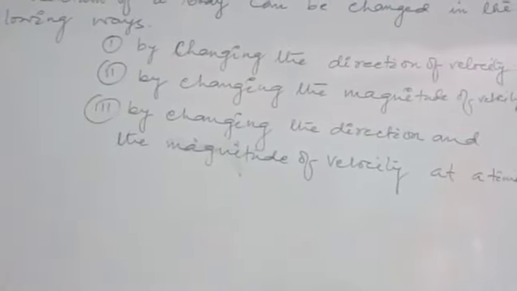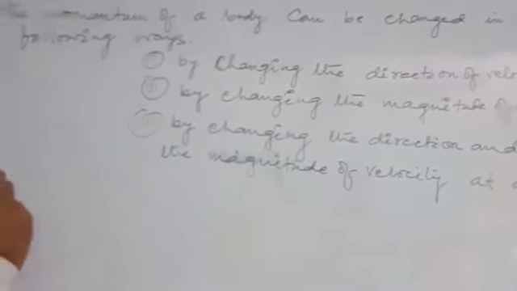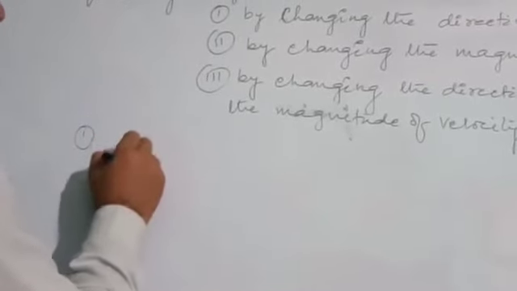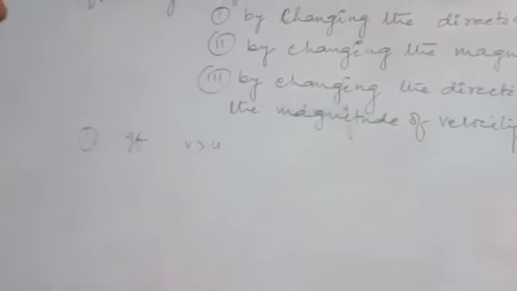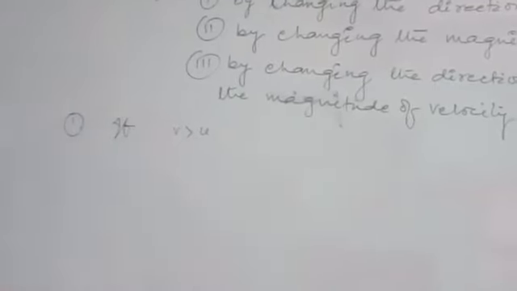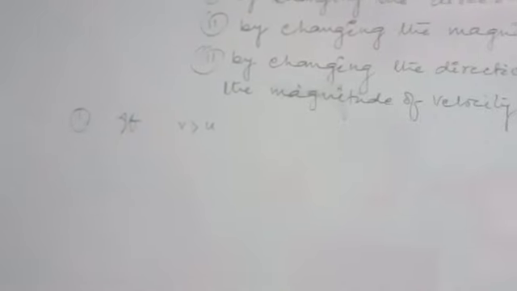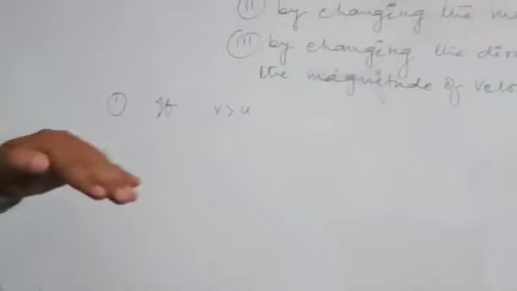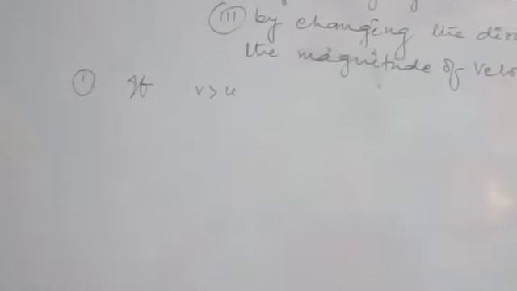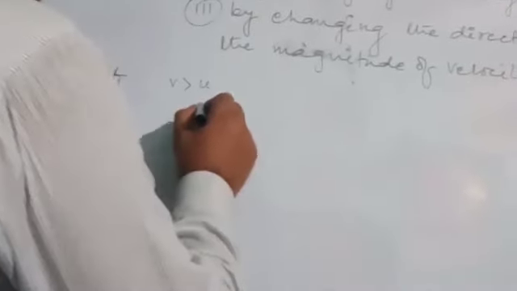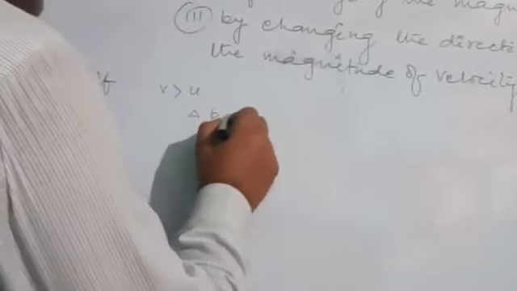Now some important points. If V is greater than U, I mean to say that the final velocity is greater than the initial velocity, and a body is moving in a straight line, then the change in momentum is positive.